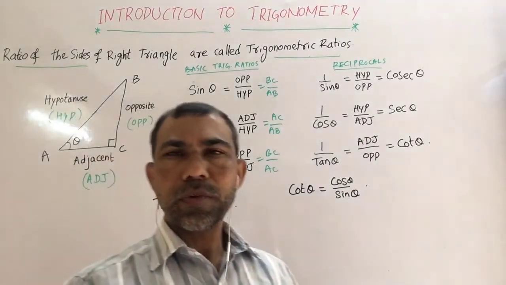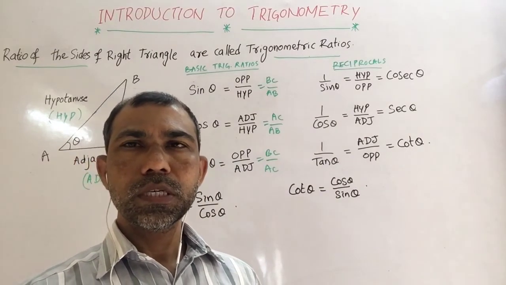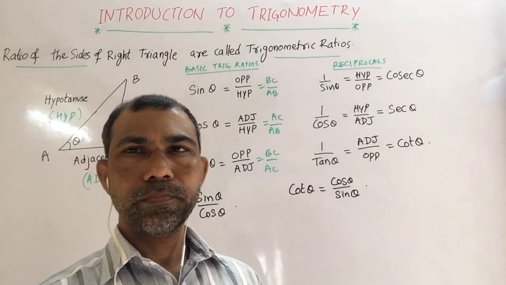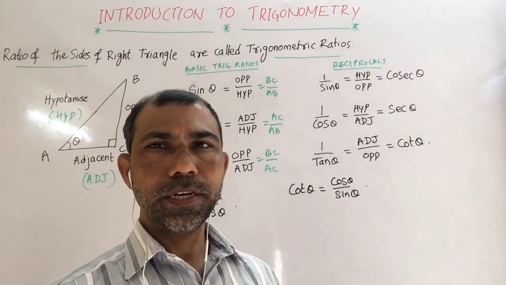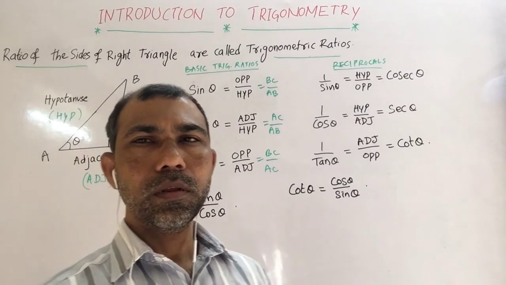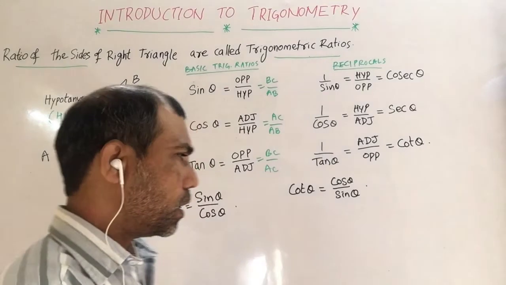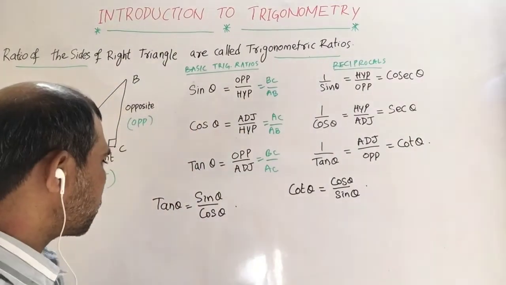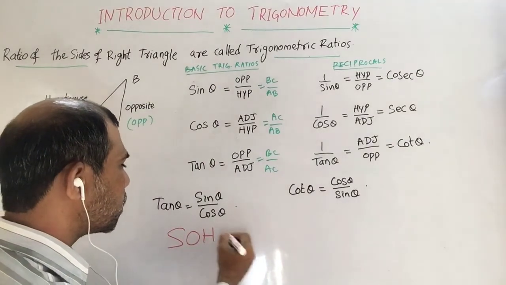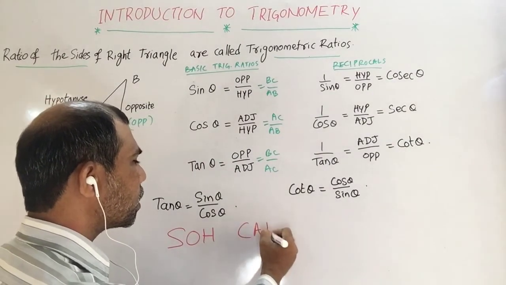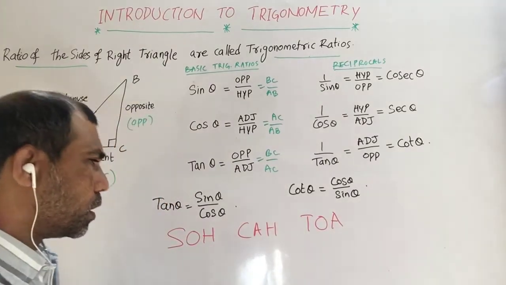Now, let us find a shortcut to remember these 6 trigonometric ratios. It is very easy to understand these ratios using the simple phrase SOH CAH TOA. Let us write it here.